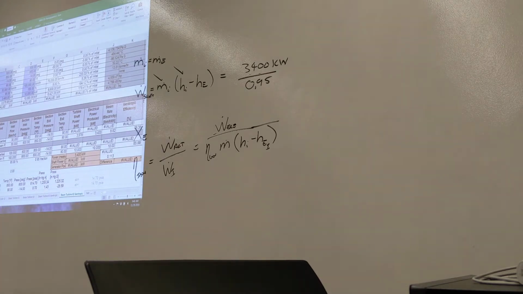And a quality above 90% is generally considered okay. You're probably not going to hurt the last set of turbine blades if you're in the 90s on quality. If you're lower than that, you've not got a really efficient turbine, okay? And you may be hurting the performance of those last set of blades.